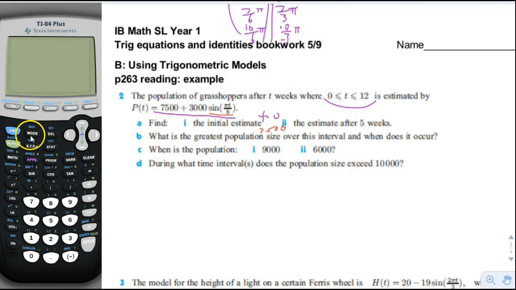So why don't we put it in the equation here. So 7,500 plus 3,000 sine of pi times t divided by 8. Okay.